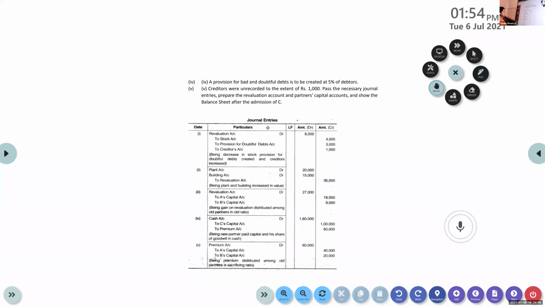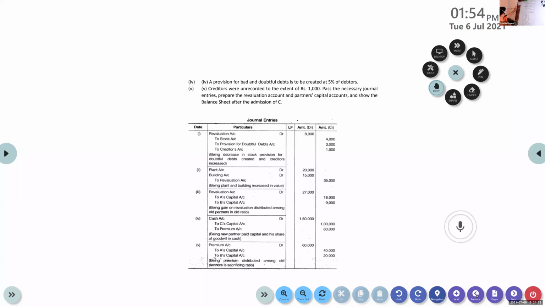Let's start doing the journal entry now. You can write first, the adjustment A. The new partner brings capital. So what is the journal entry when the new partner brings capital?